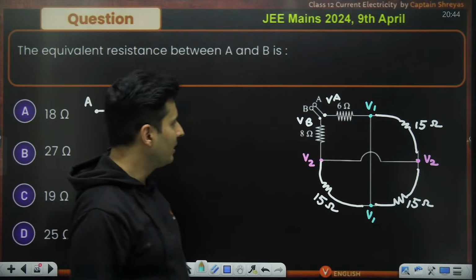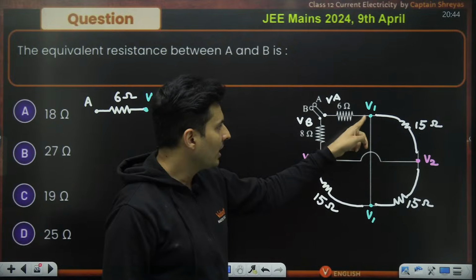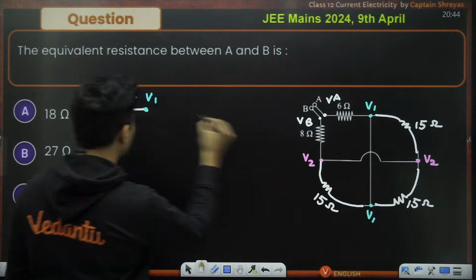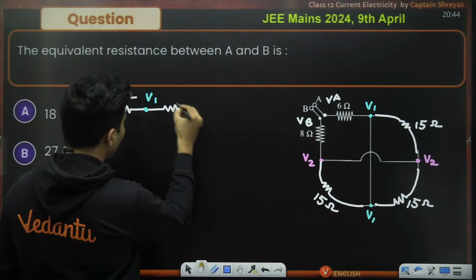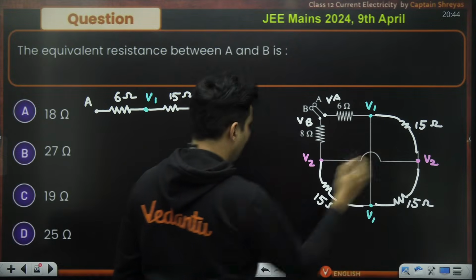I'm just redrawing it. Now there are two branches. One branch goes here, one branch goes here. This branch is definitely connected to one 15 ohm resistance. So there is one 15 ohm resistance directly connected between V1 and V2.